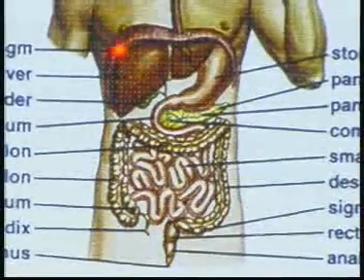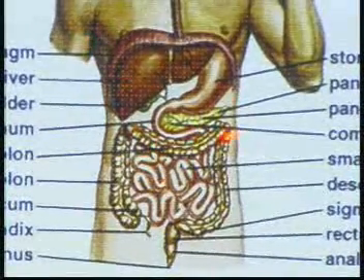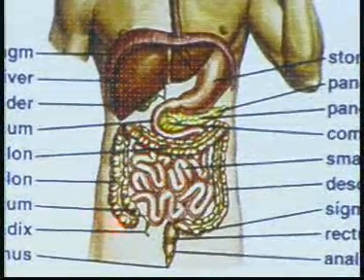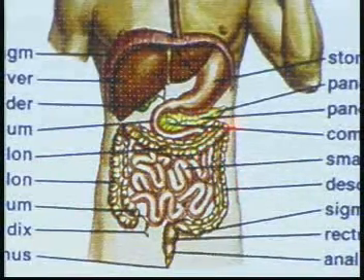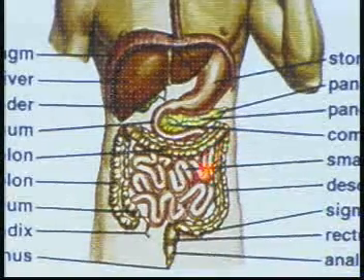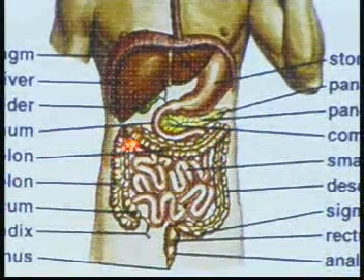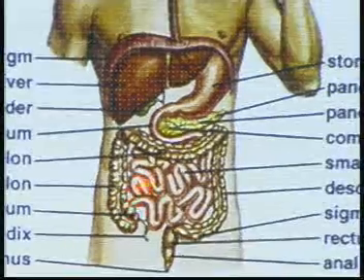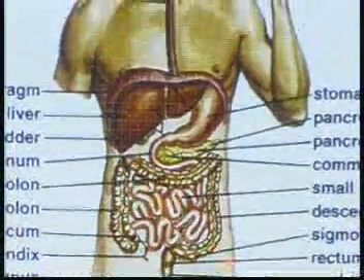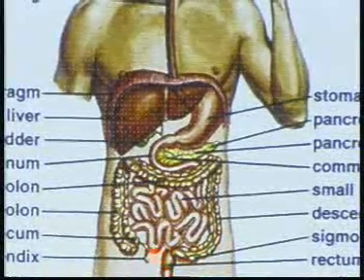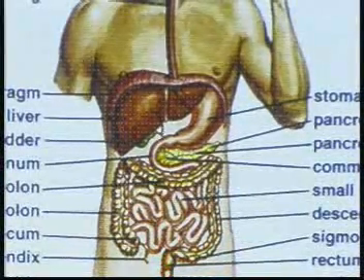The small intestine is about 6 meters in length. The portion visible here, highly convoluted, is the large intestine, which is about 1.5 meters long. It is made up of a cecum, a colon, and a rectum, which opens out through the anus.